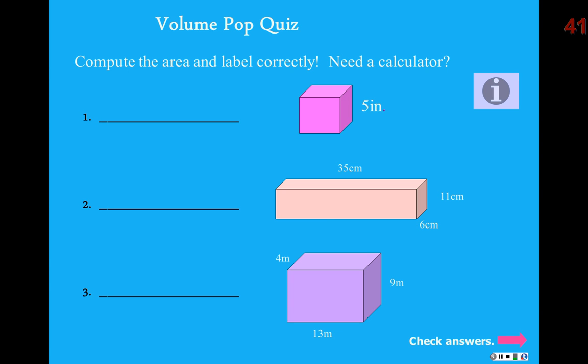So you got 125 on the first one, and then what about the second one? 125 what? Inches cubed, okay? And then what about number 2? 35, 11, and 6, for those of you that can't see back in the back. 35 centimeters times 11 centimeters times 6 centimeters.